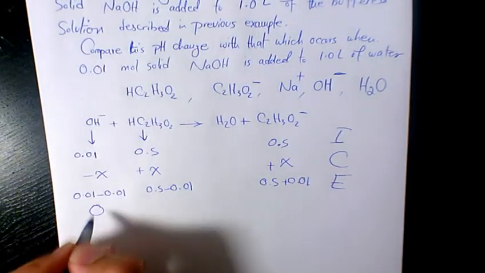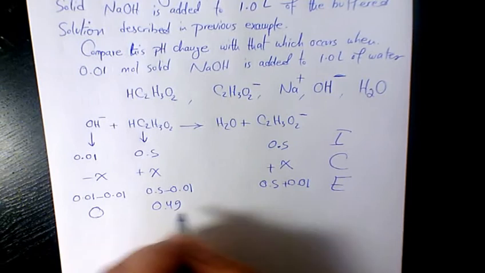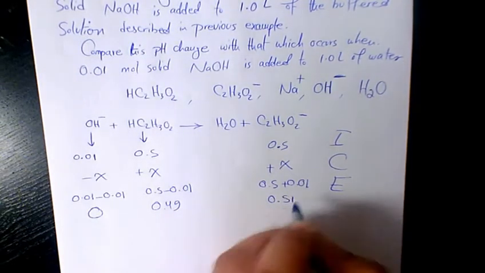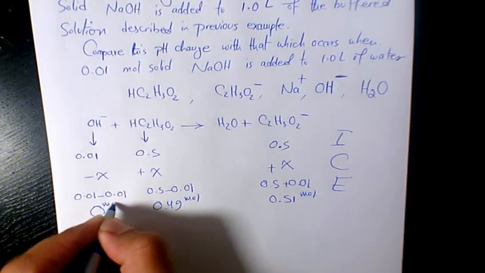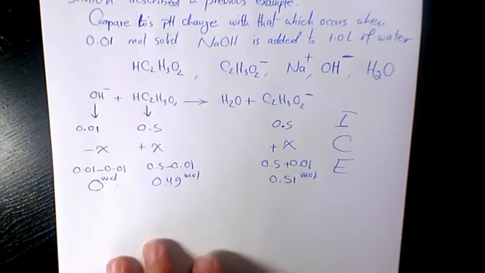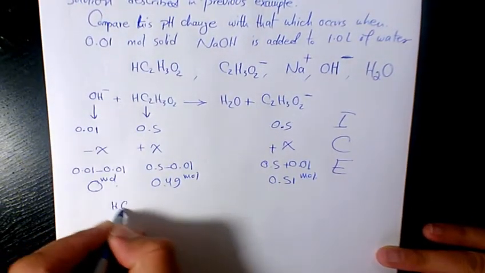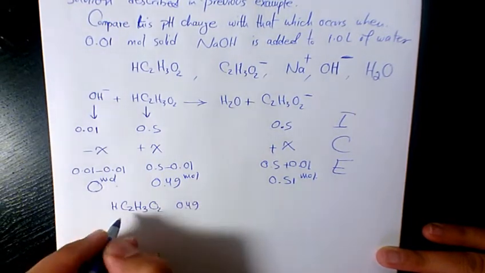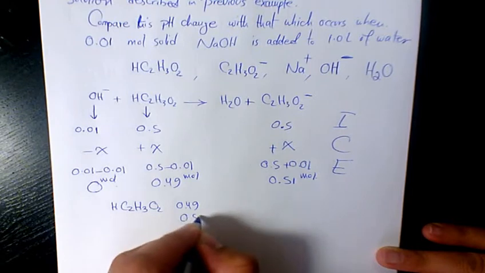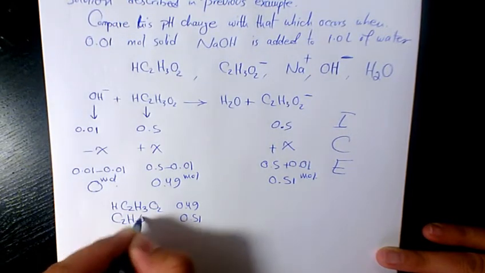So we have 0, we have 0.49, and we have 0.51 mole. So we're going to have 0.49 mole acetic acid, 0.51 acetate ion.